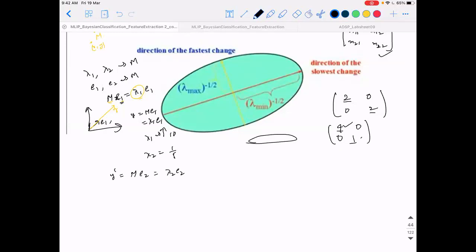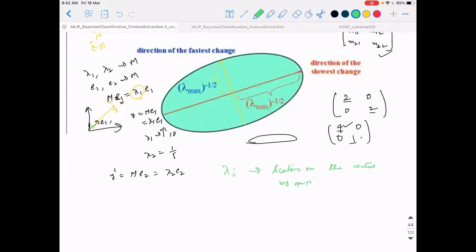Then y dash will be a shrunk version of it, by 5 times. So essentially lambda i represents the scaling on the vectors, especially in these directions, by the matrix operation m.